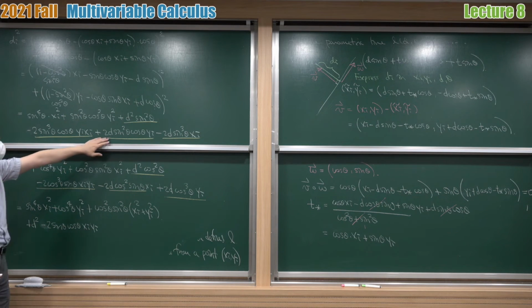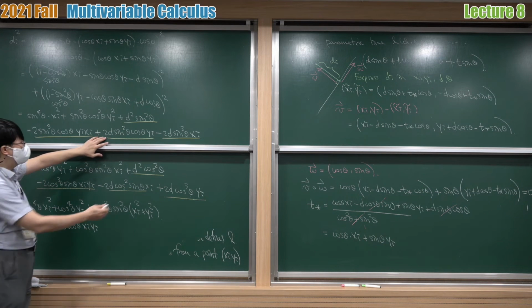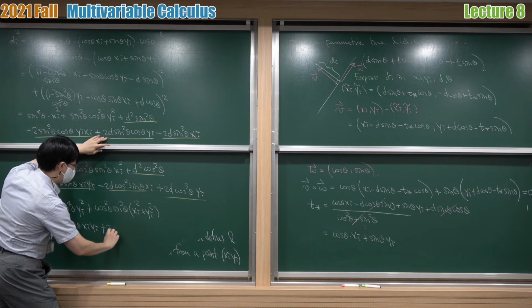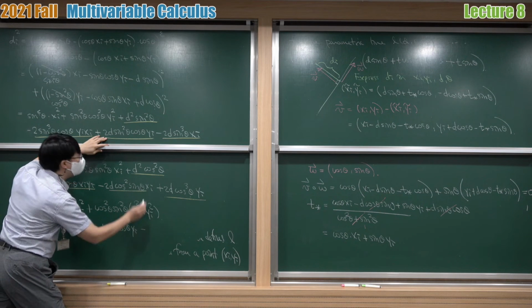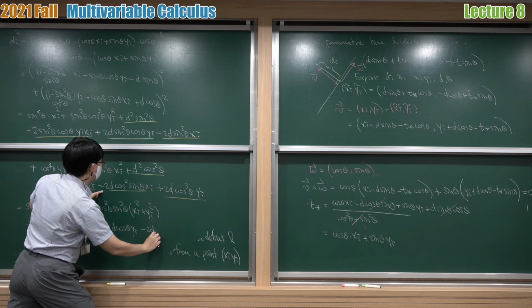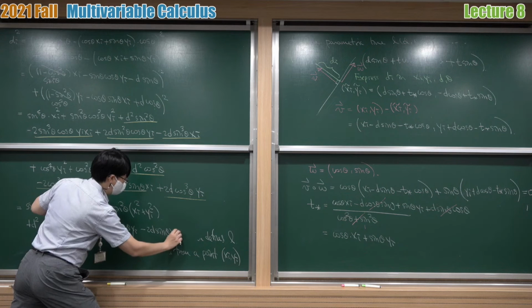How about this? I can combine this with this. Plus 2d cosine theta, yi. And how about these two? I get 2d, in this case, sine xi.